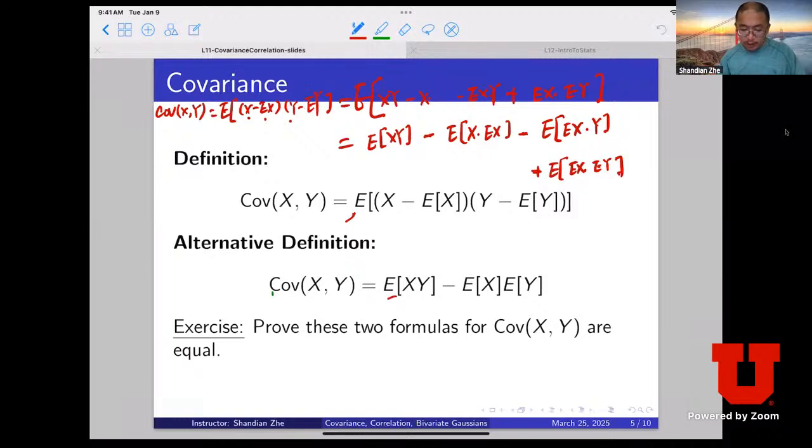So this is E[Y]. We do this cross term: XY, then X times E[Y], and E[X] times Y, and E[X] times E[Y]. So I'm going to fix the other terms. Great catch. Any other question?